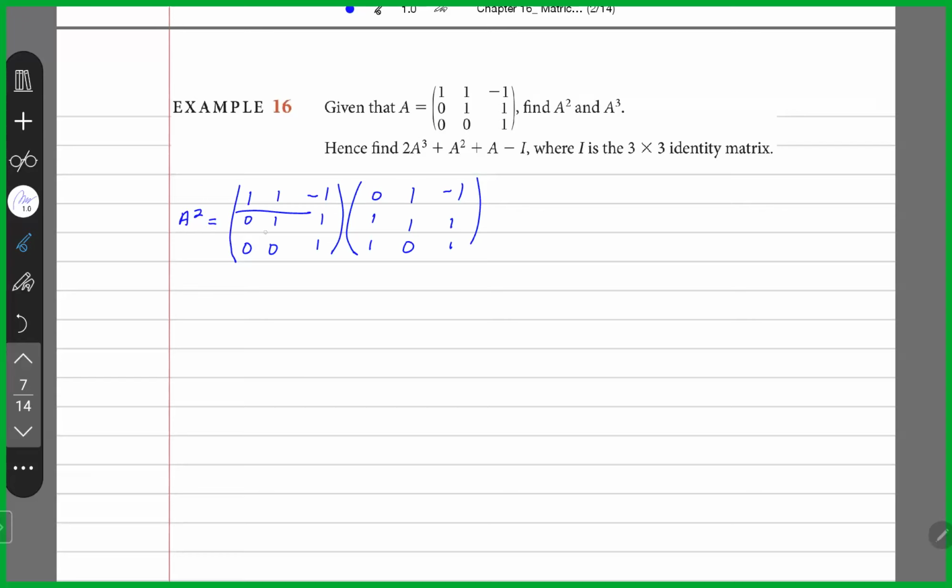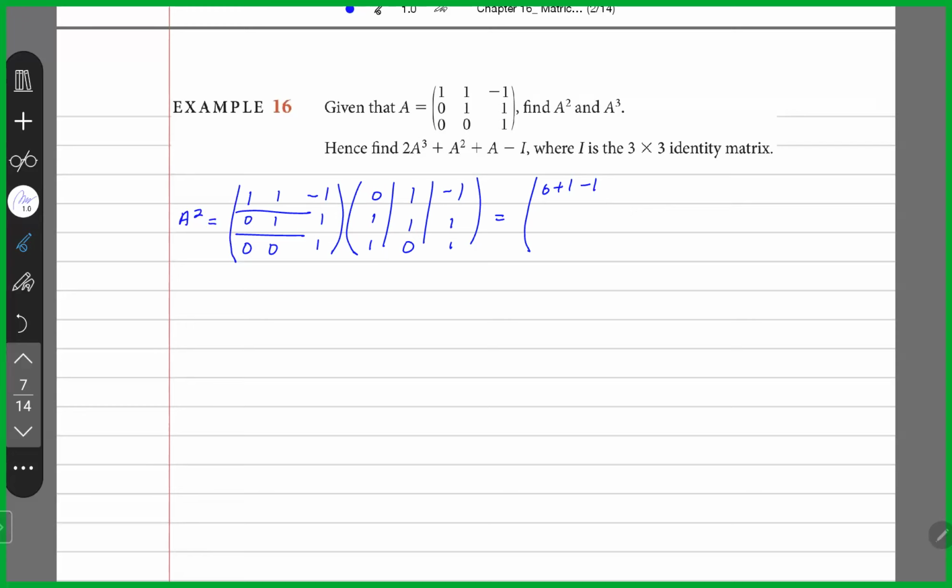Multiplying rows by columns. All right, so first row, left column, 0, 1, minus 1.